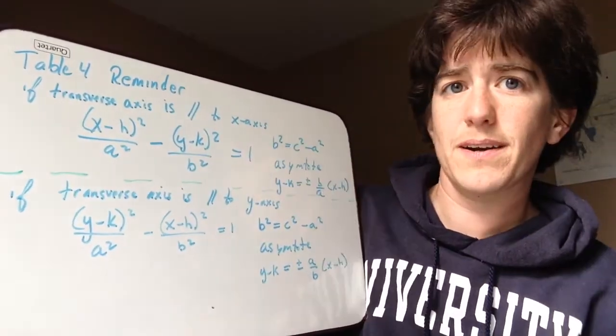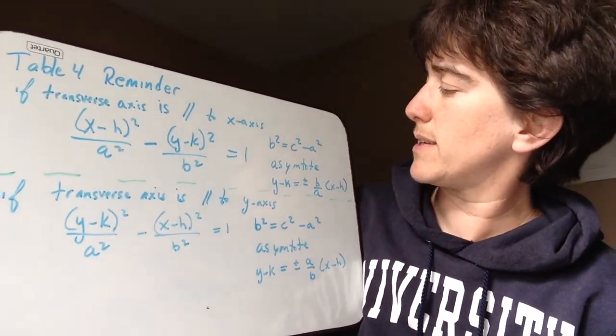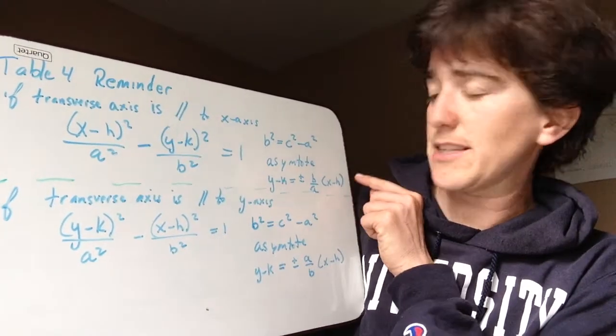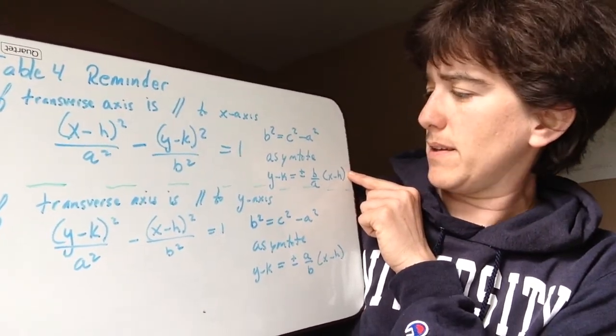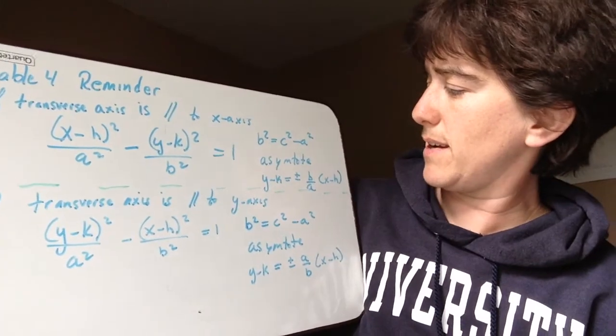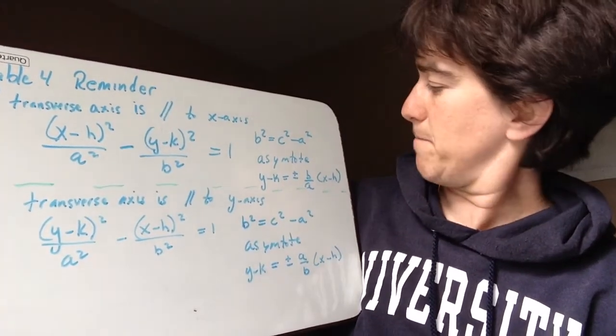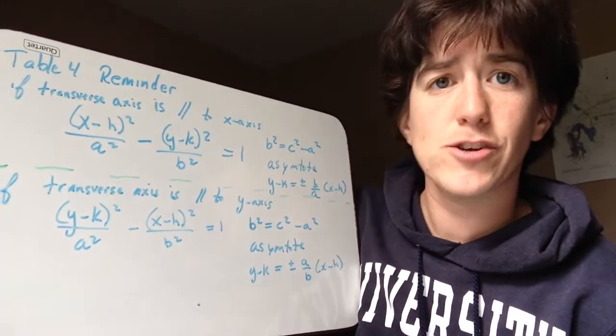The h is the x value of my center. Remembering that b squared is equal to c squared minus a squared. My asymptote can be described as y minus k equals plus or minus b over a times x minus h.